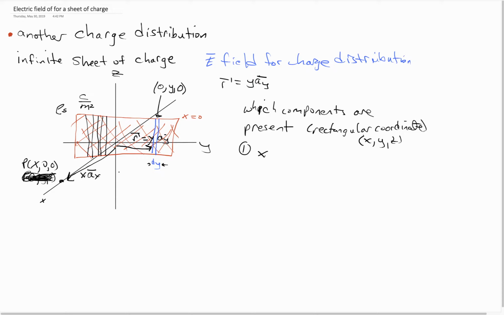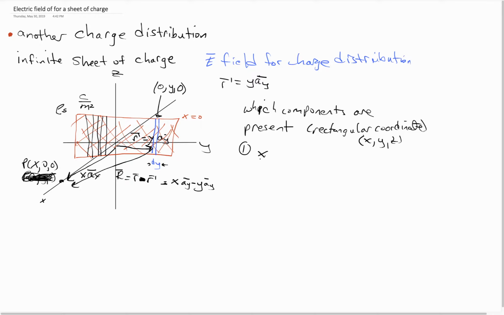So that makes it easy. And then the vector from the charge to the field point is going to be r minus r prime, which is going to be x ax minus y ay. Okay, so we got everything kind of set up.